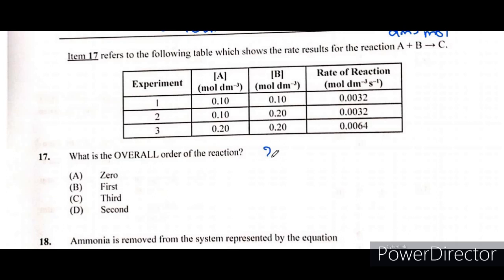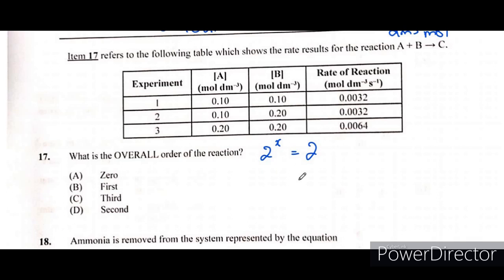So I want to ask myself, 2 to what power makes this rate here increase by 2 as well? Because this is 0.0032 to 0.0064. That's also a factor of 2. So 2 to what power would give me 2, and that's 1.